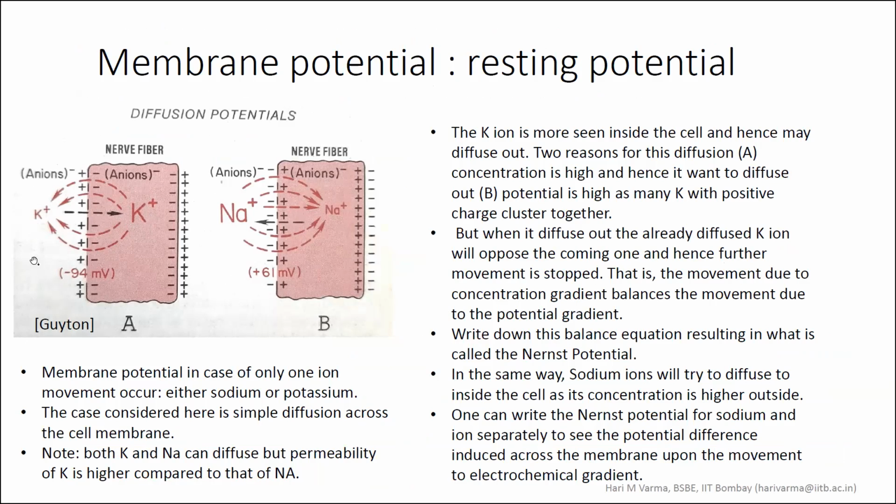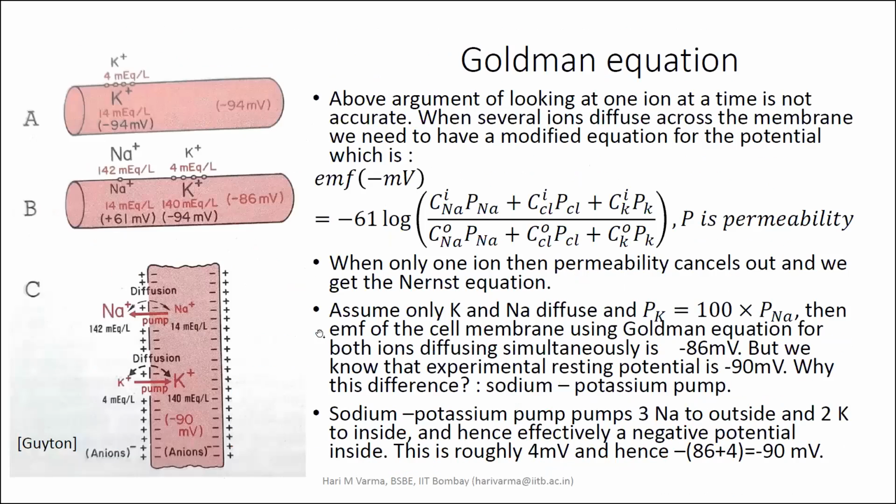So both Na and K plus outside will oppose this movement. Similarly, both K plus and Na present inside will oppose this movement. So you have to take into account that coupled effect, which will give me a new equation, called the Goldman equation. And that is given here.